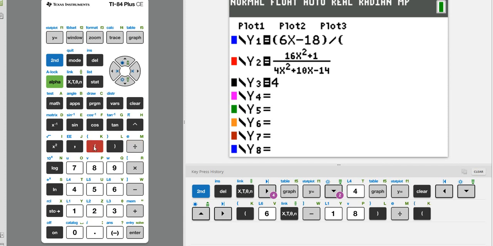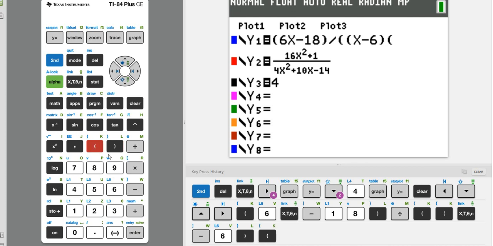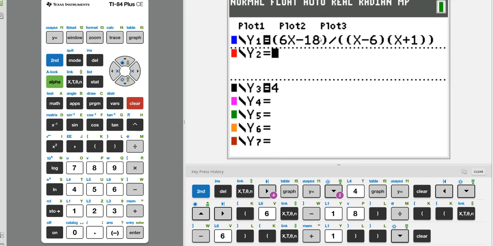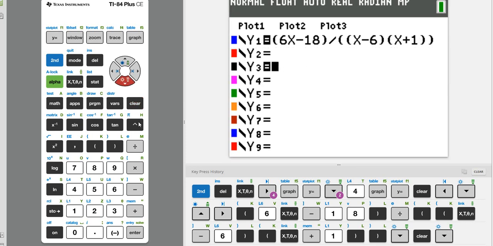One for the entire denominator, and the other for your x minus 6, and then another set of left and right parentheses for your x plus 1. And then 2 parentheses, one to close off that binomial, the other one to close off the denominator. If you only put one set of parentheses, then it would divide 6x minus 18 by x minus 6, and then it would multiply by x plus 1. So it would give you a much different graph than what you're expecting.